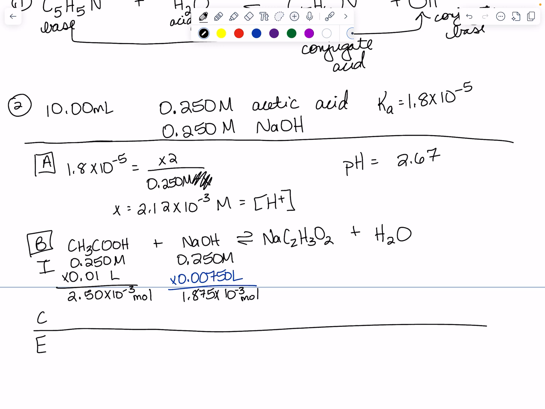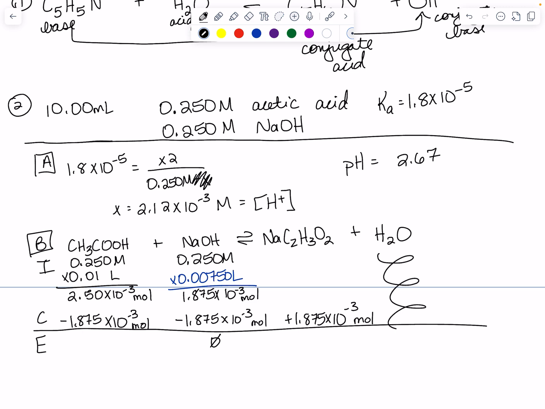Change, this is a limiting reactant problem. Since the sodium hydroxide is the smaller number, it means I'm going to use all of it, and I won't have any sodium hydroxide left. And because of that, the change line, remember, follows the stoichiometry of the reaction. So likewise, I'm going to use 1.875 times 10 to the minus 3 moles of acetic acid, and I'm going to make 1.875 times 10 to the minus 3 moles of the sodium acetate.